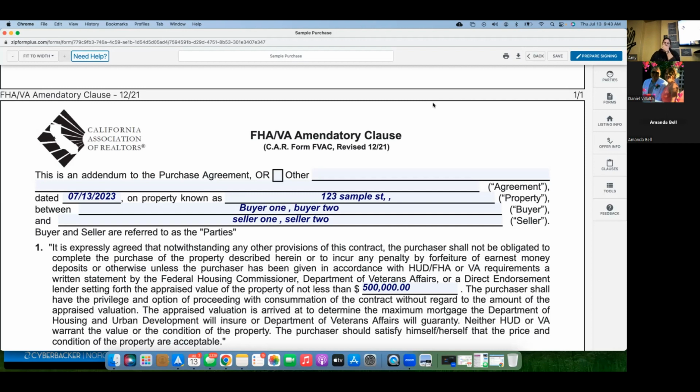But if they don't do any of the repairs, whether they don't respond, respond verbally, or reject your request on paper, this buyer then has the right to cancel the contract and get their deposit back, assuming the investigation contingency is still in place.